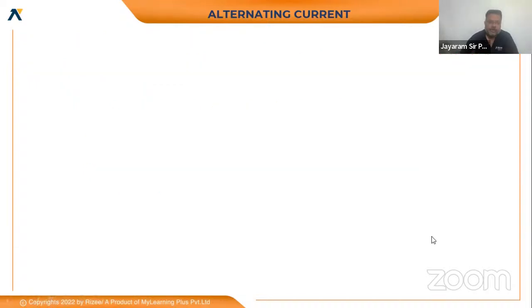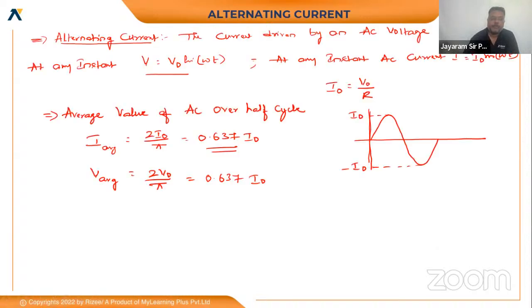Right? So now, having got the average value for a cycle, we come to the RMS value of AC. What is this RMS value?